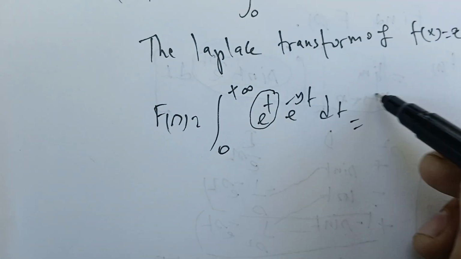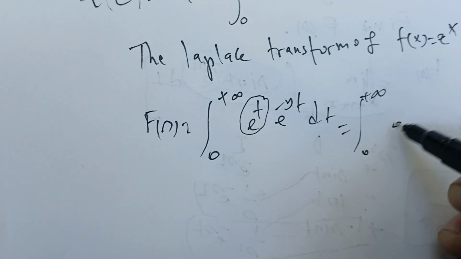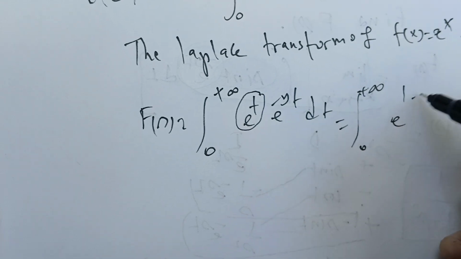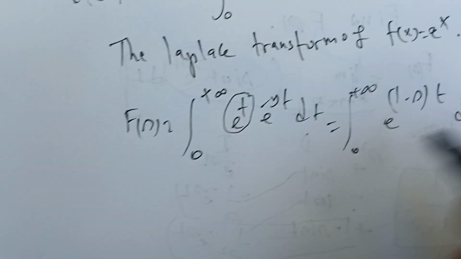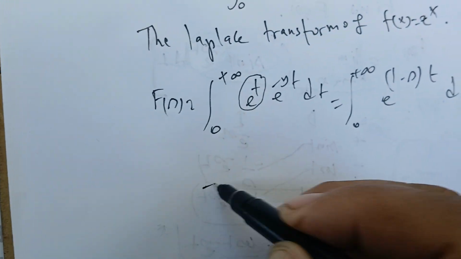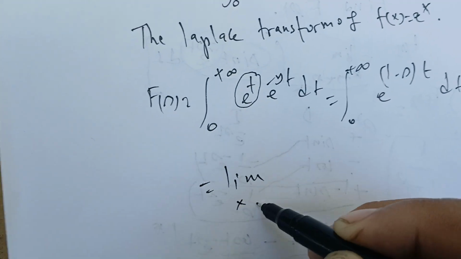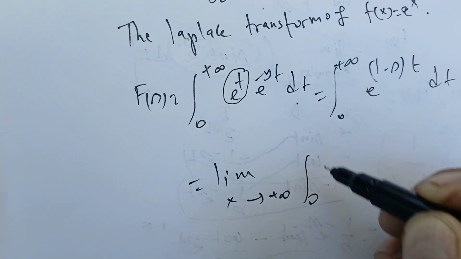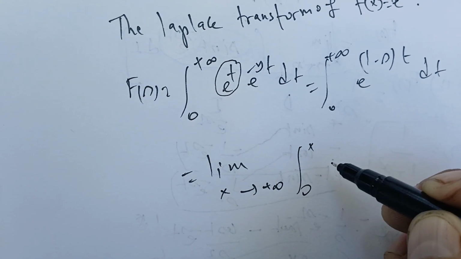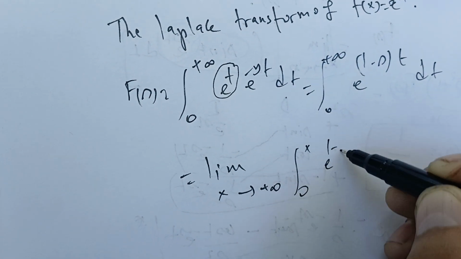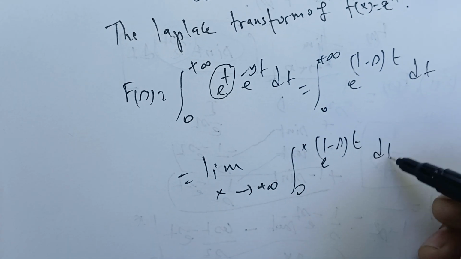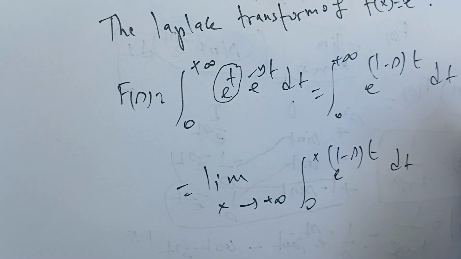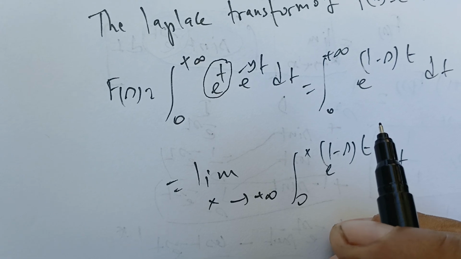Okay, we can write it as e^((1-s)t) dt. Now using the improper integral definition, we get the integral between 0 and x of e^((1-s)t) dt, and after that we take the limit as x goes to infinity.